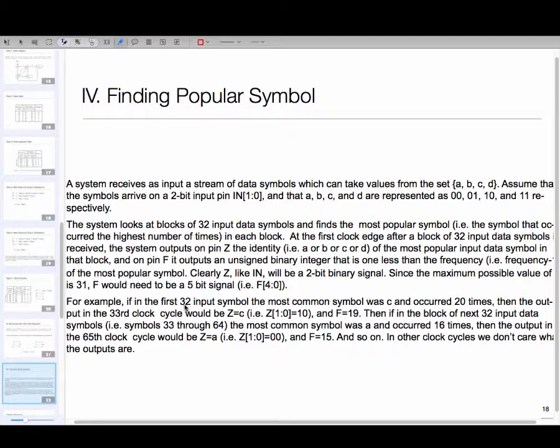But for the most popular symbol, it can never be the case that the frequency is 0. So 0 is never used, and the only valid values are 1 through 32. To save on a bit, we basically subtract 1. That's the idea, though my problem's description on that part may be a little messy. But you get the idea that I really need only 4 bits for that.